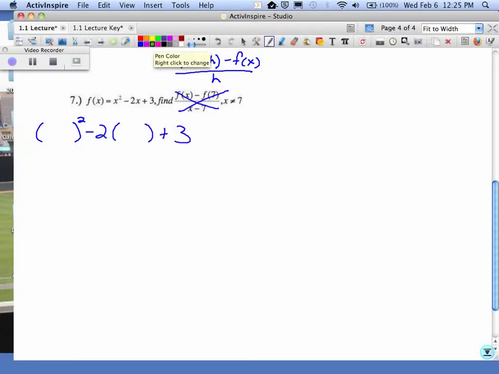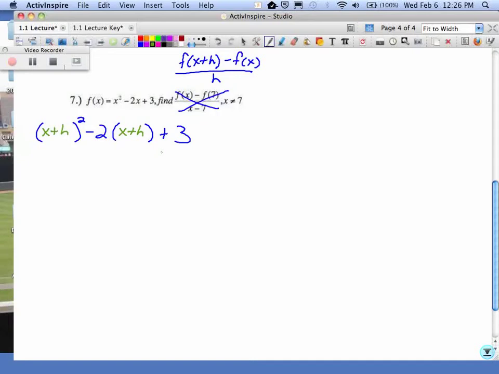So when you look at the original f of x, it's asking you to drop the x plus h into it. So if I put x plus h here, I also have to put it here. So that's my function, and we're dropping x plus h into it. That makes sense?